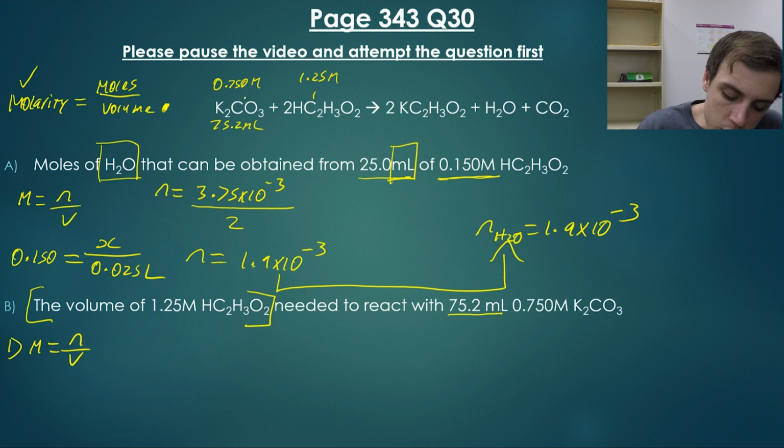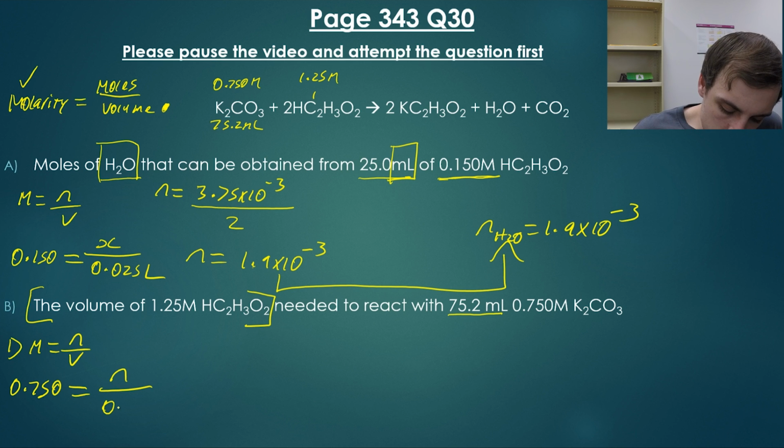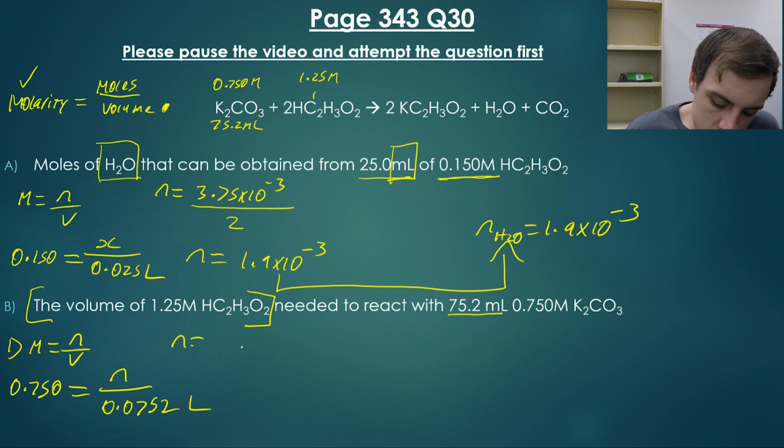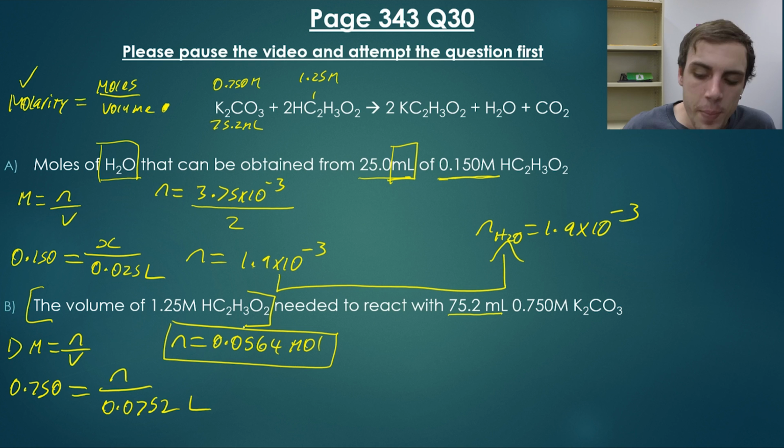So the molarity, 0.750, is equal to the moles, which we don't know, over the volume, which is 0.0752 liters. And that's going to give us a total of 0.0564 moles. I'm going to put a little square around that.